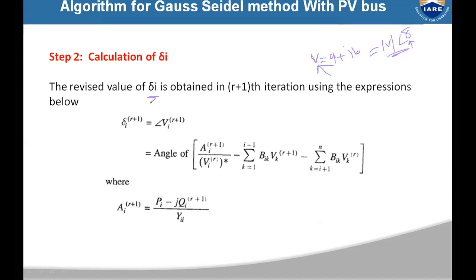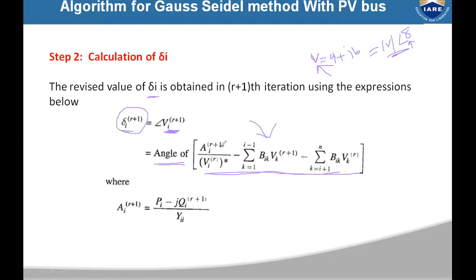So this angle delta in the r plus 1th iteration is equal to the angle of your VI r plus 1. Okay. The angle of this VI r plus 1 is this expression. You have to use this expression to calculate the VI, right? So now you have to convert that into polar form, and the angle of that equation is your delta I in the r plus 1th iteration.